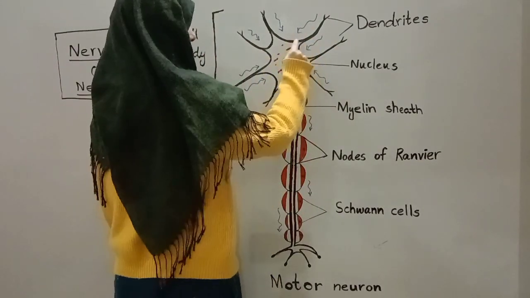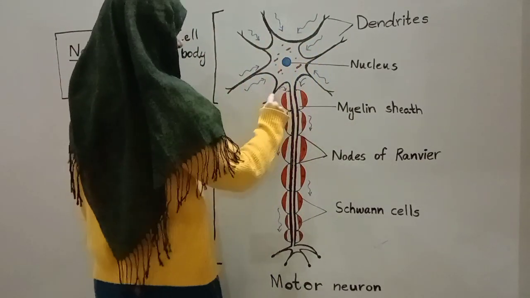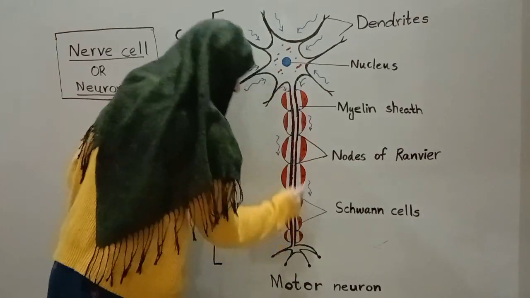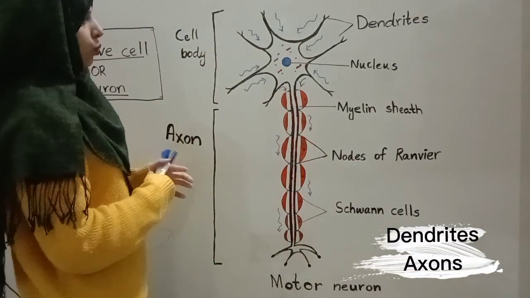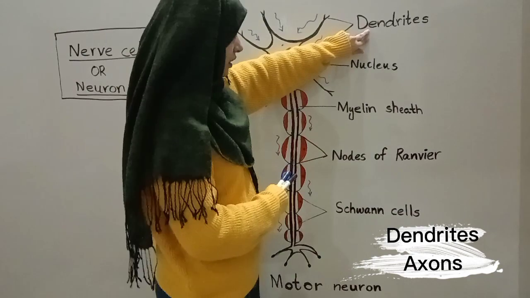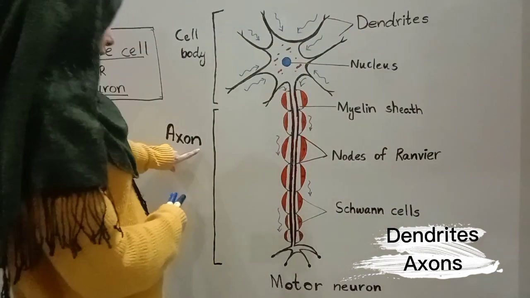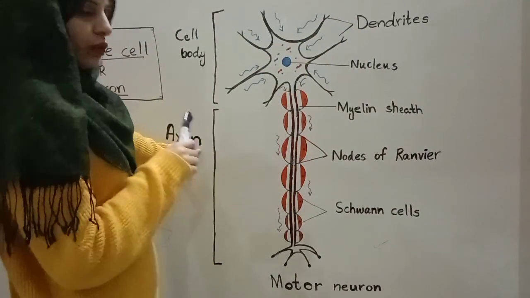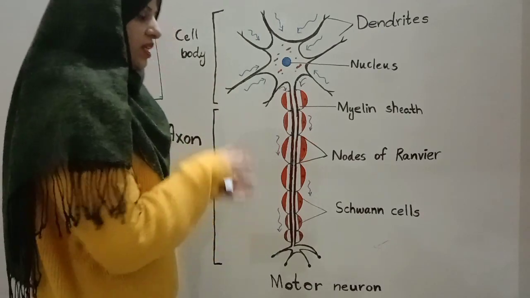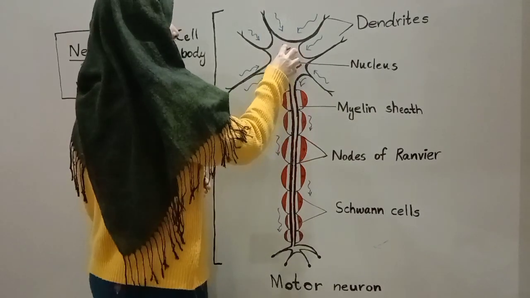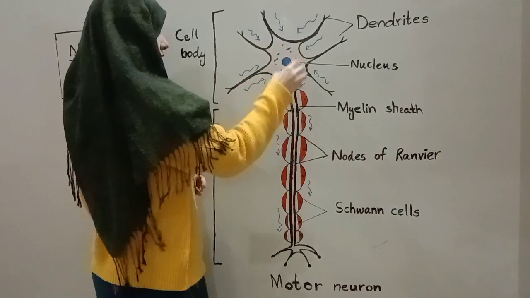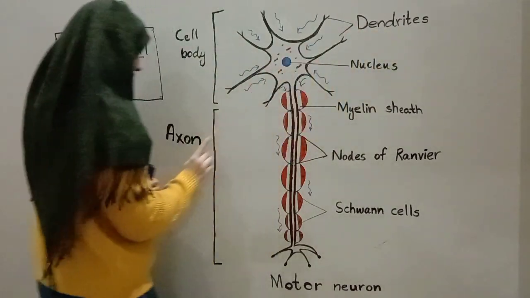You can see these processes which are extended, and also this one. There are two processes, one is called the dendrites and the second one is called the axon.